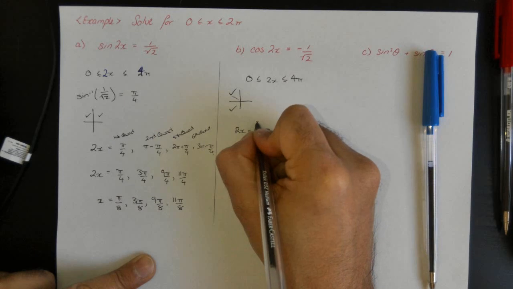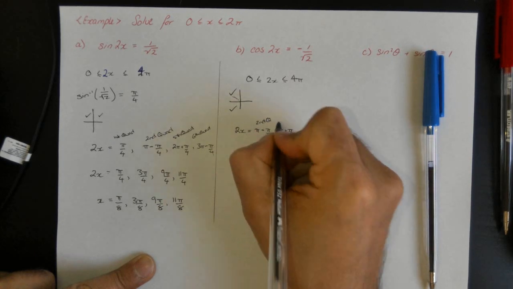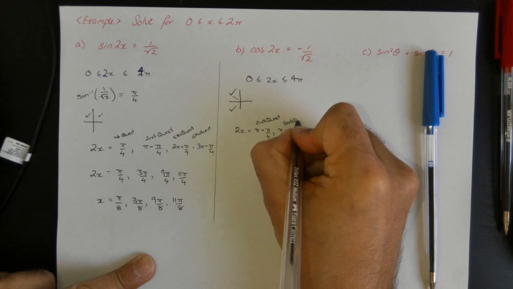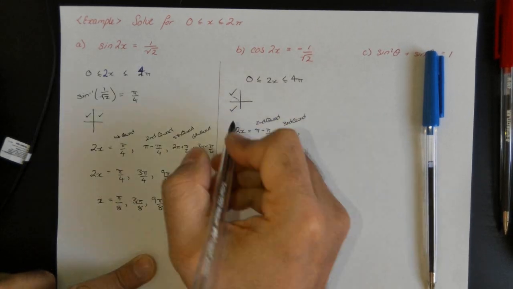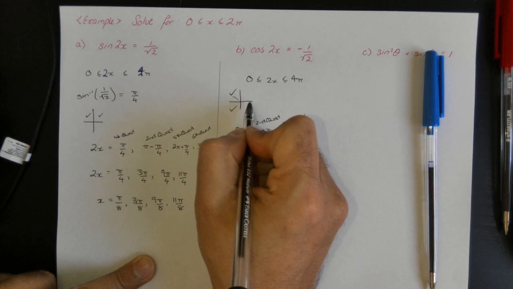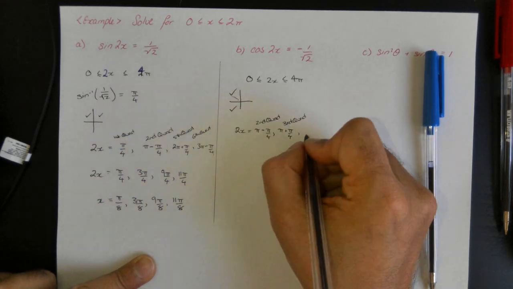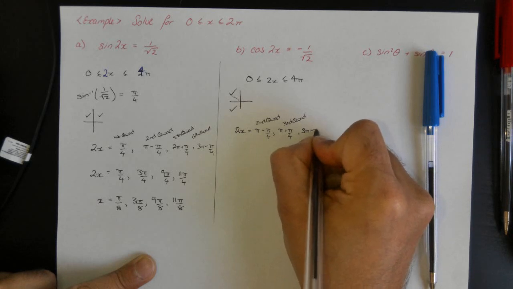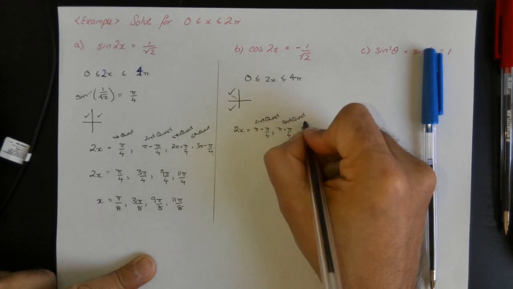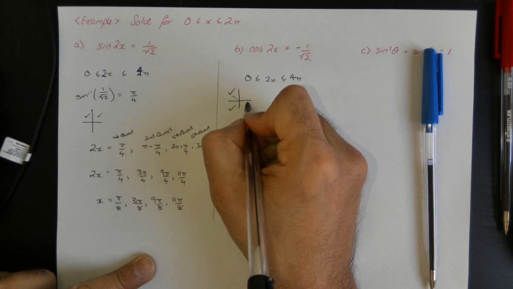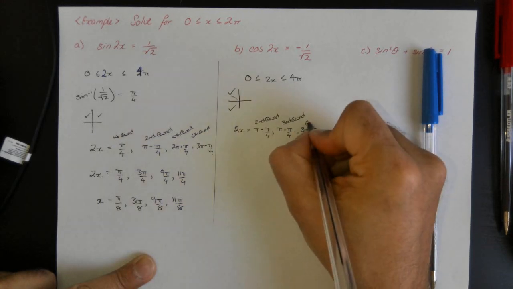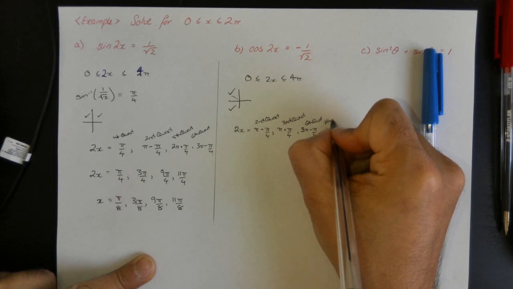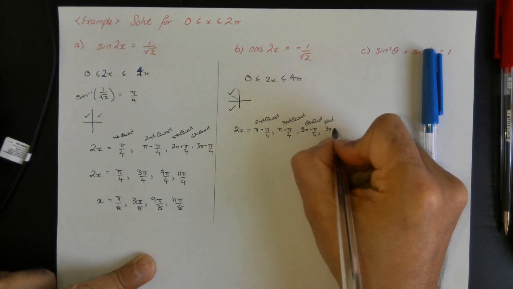So this is the second quadrant, third quadrant. Now we're going back around, so that's 2 pi, but we still need to go to 4 pi. So we've got 3 pi minus pi on 4, the sixth quadrant. And then we have the seventh quadrant, which is 3 pi plus pi on 4.